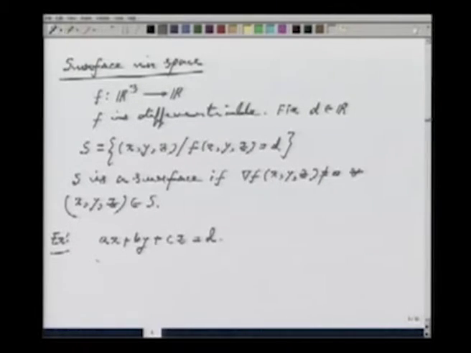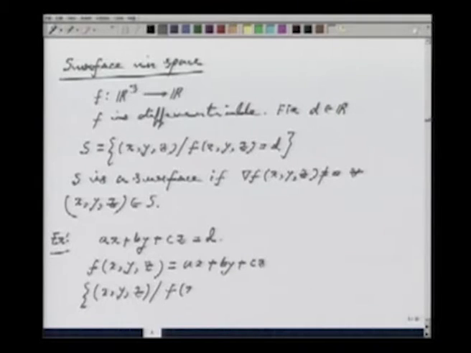So what I do is I concentrate on the function f(x, y, z) equal to ax plus by plus cz, and then I look at all (x, y, z) such that f(x, y, z) equal to d.